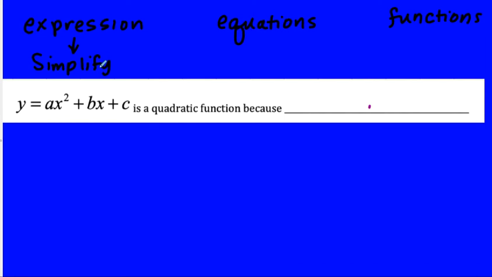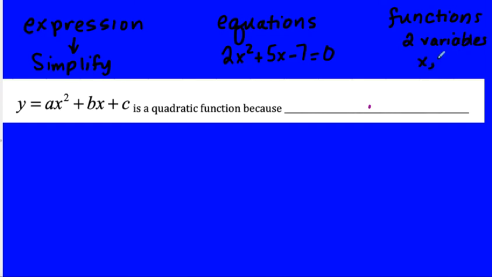Equations have one variable, and we do solve them. So if this was a quadratic equation, it might look like this: 2x squared plus 5x minus 7 equals 0. Notice one variable, we do solve equations. But functions have both inputs and outputs, so they're going to have two variables.